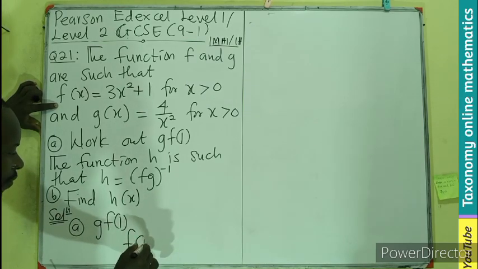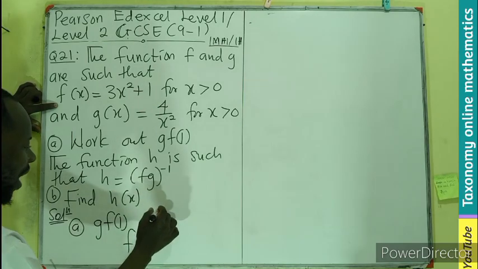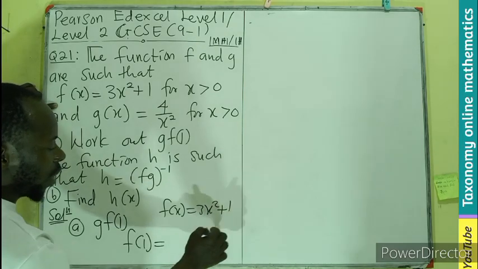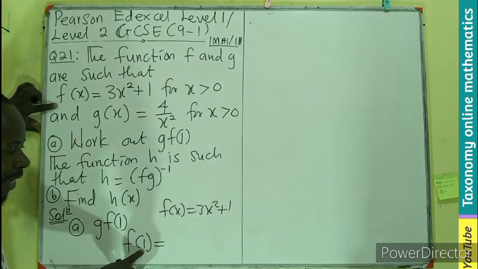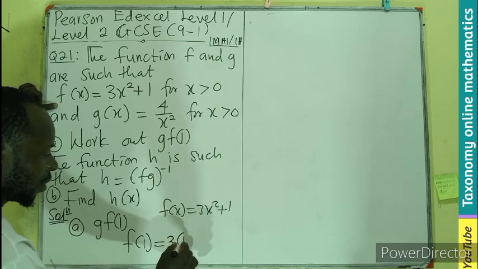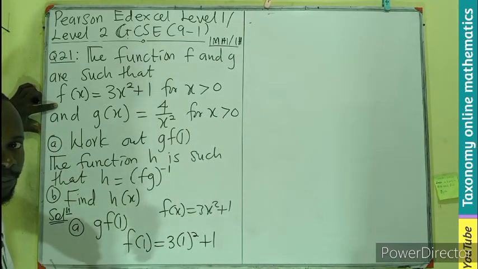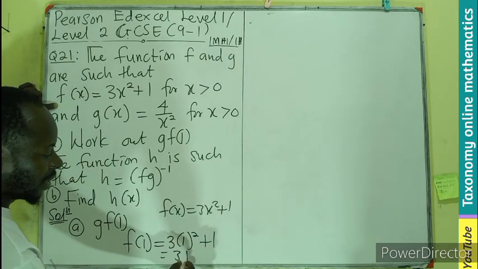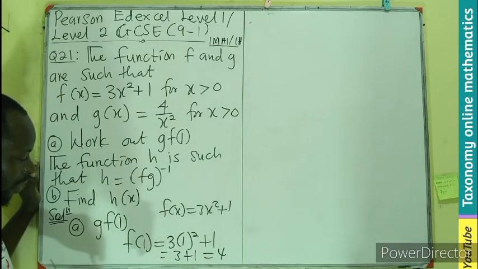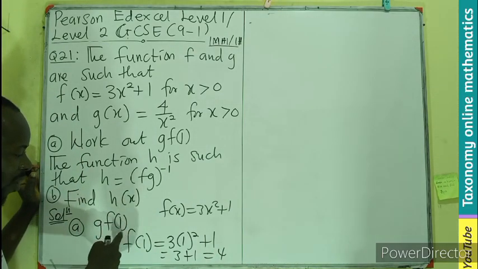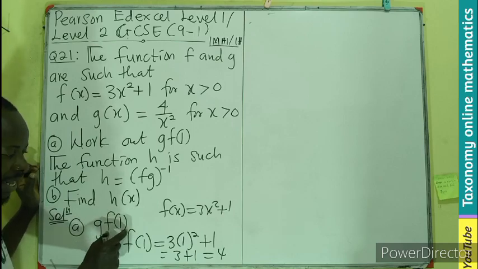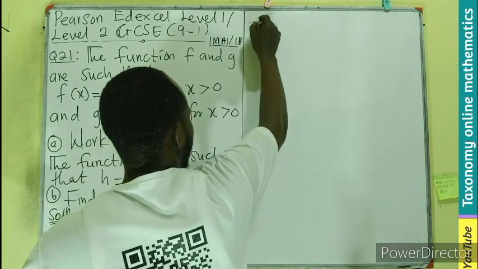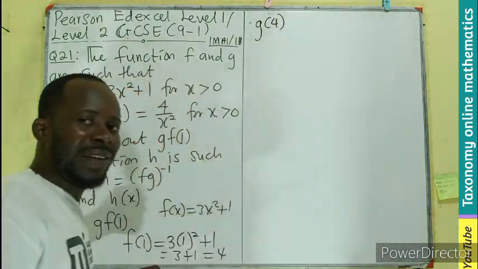If f of x equals 3x squared plus 1, whenever I see x, I introduce 1, meaning I'll be having 3 times 1 squared plus 1. 1 squared is still 1, times 3 remains 3, plus 1 equals 4. So that will be replaced by 4 attached to the g, meaning g of 4 will be the next thing to find.